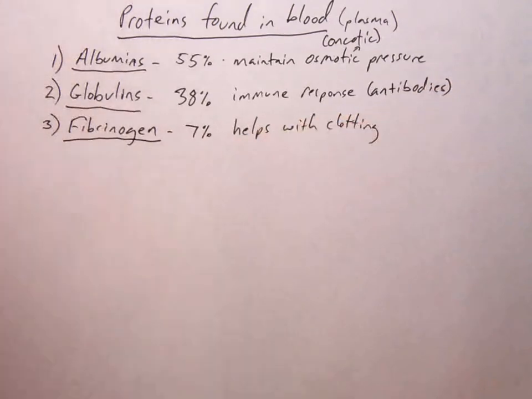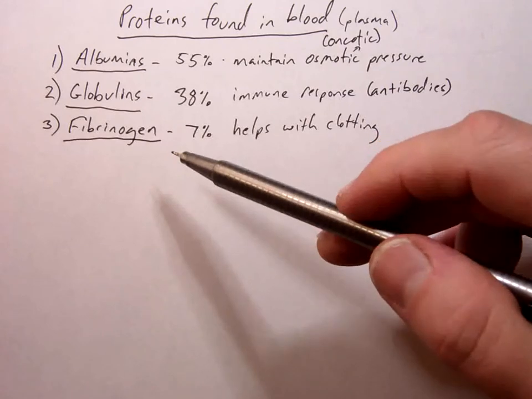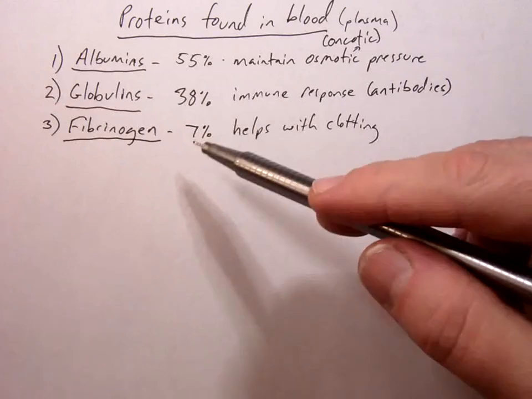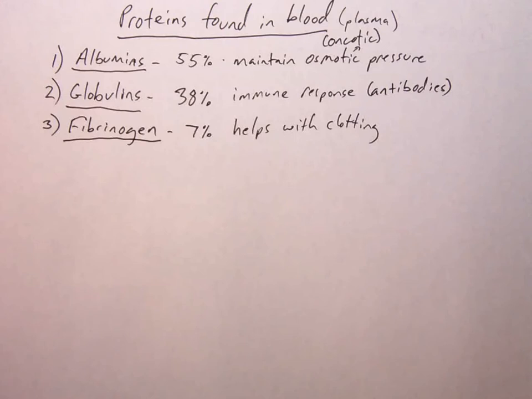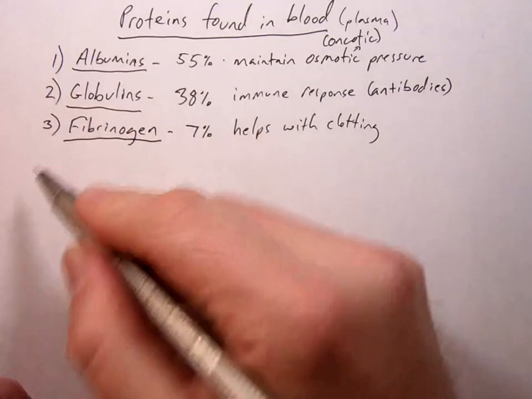These guys are kind of on standby, waiting for a cut or fluid loss, and they'll then be converted from fibrinogen into a spider web-like material called fibrin to help catch red blood cells and start forming clots. But in this form, they really don't clot up like that.